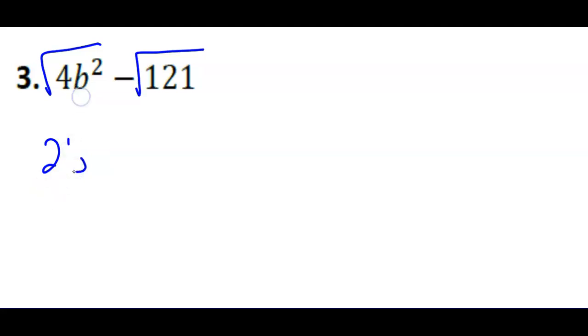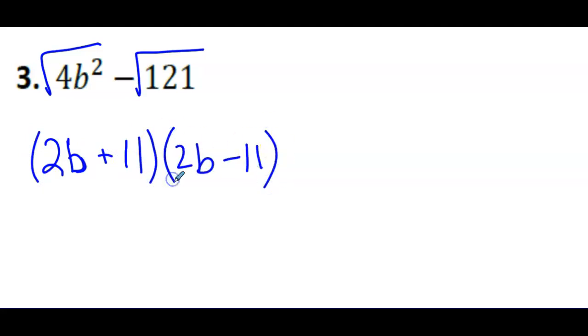What is the square root of B squared? B. Sorry. What is the square root of 121? 11. So I'm going to do plus, and I'm going to do minus. Please don't make this hard. Okay?